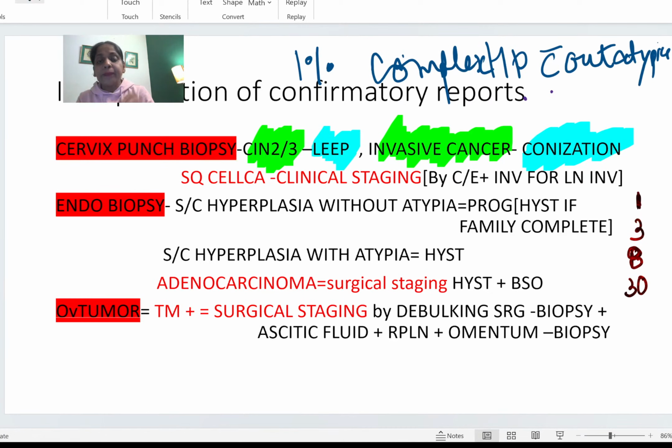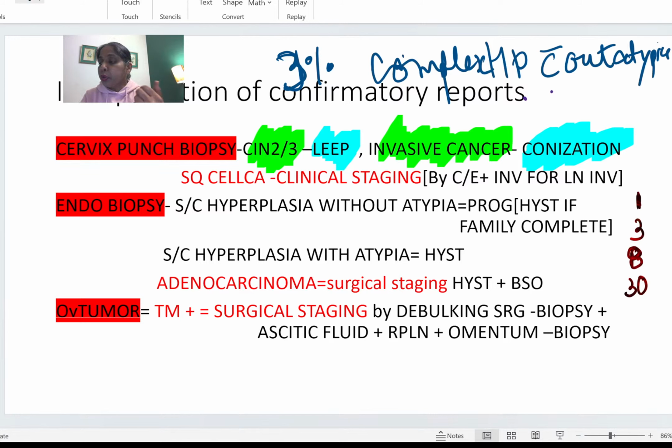Now the risk of CA endometrium will be 3% in the future. Till now, it is not CA endometrium. These are the pre-malignant lesions. The risk of complex hyperplasia without atypia is 3%.